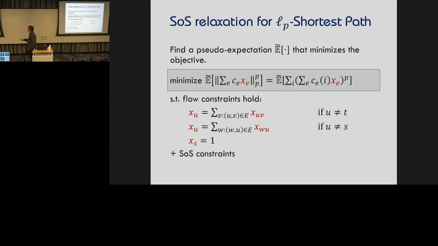And the second constraint tells us that x_u is equal to the amount of flow that enters u. This constraint x_s equal to 1 simply says that the amount of flow is equal to 1. Any questions about the relaxation or about the sum of squares?